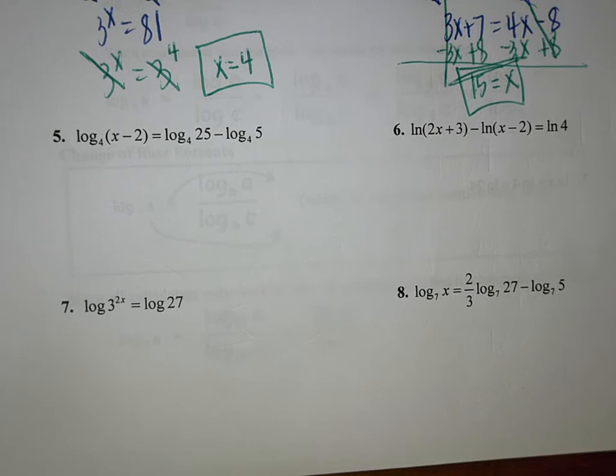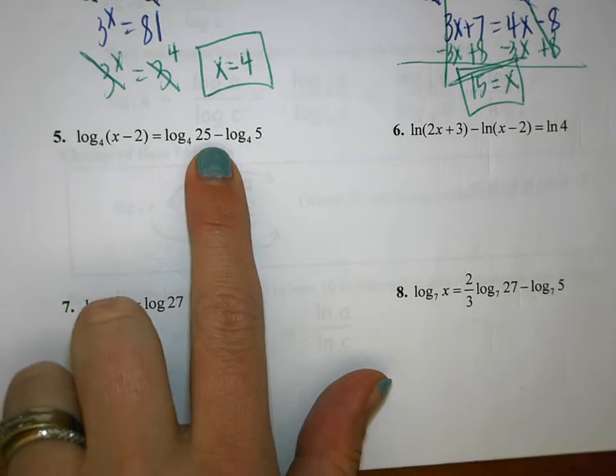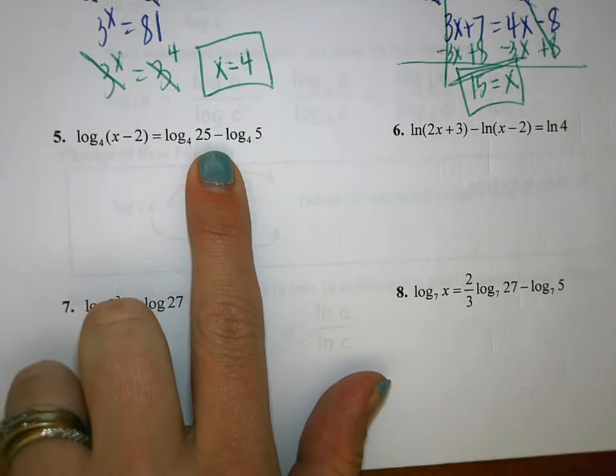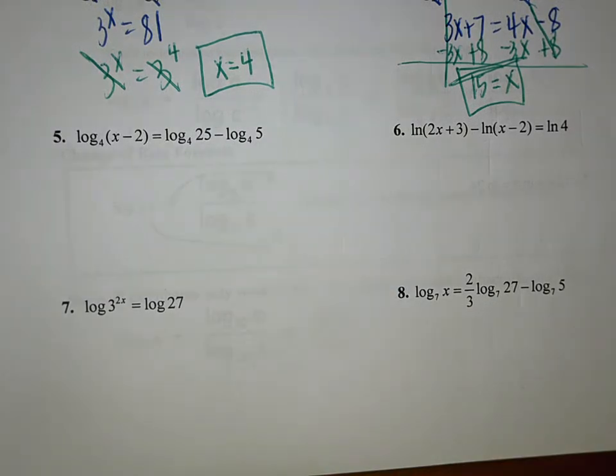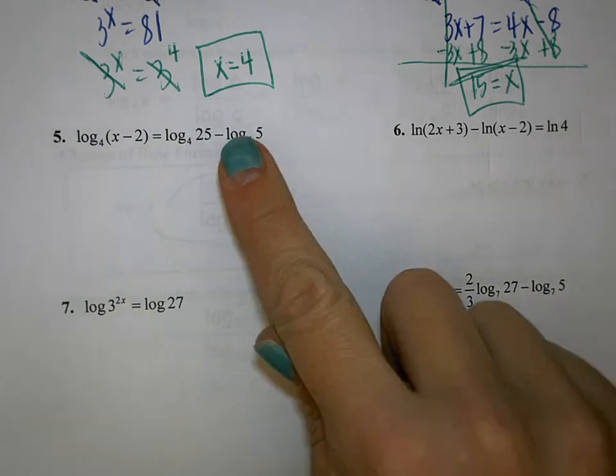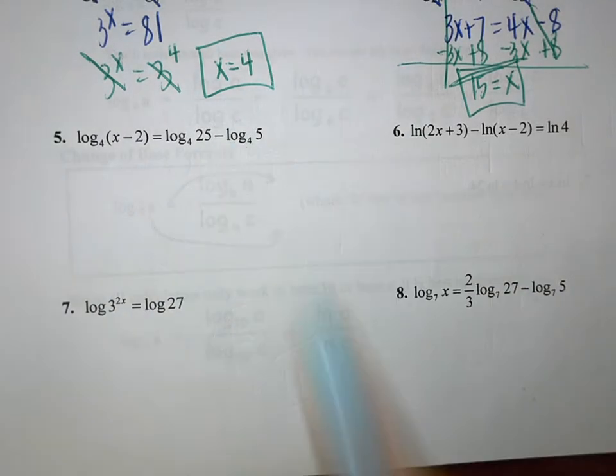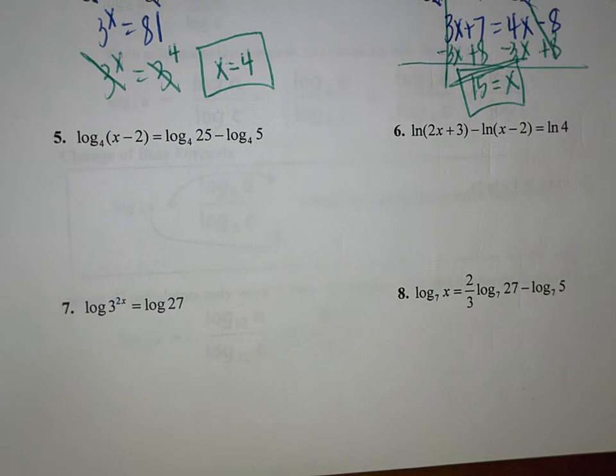Okay, so first thing is she saw that there's 2 logs here, but we need to do what with those two logs to make it a single log? Condense, exactly, because we want to make them smaller. We want to condense them. And then Melanie said, since it's subtracting, when I condense, I'm going to change it to division. That's correct, Andrew. Very good.